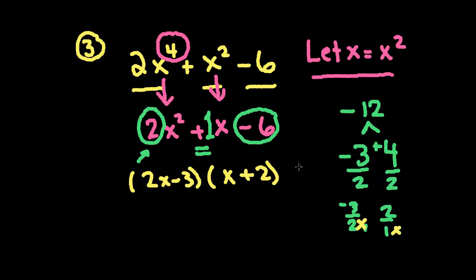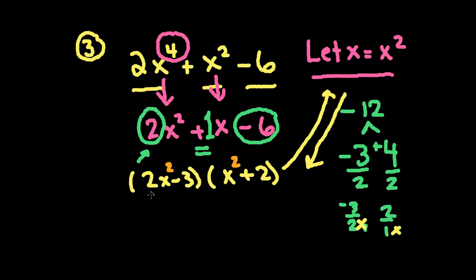But I'm not done, because I made this substitution in the beginning. Now I have to substitute it back. So wherever there's an x, I now have to put in an x squared. So here's an x, so I'm going to turn it into an x squared. And here's an x, so I'm going to turn it into an x squared.